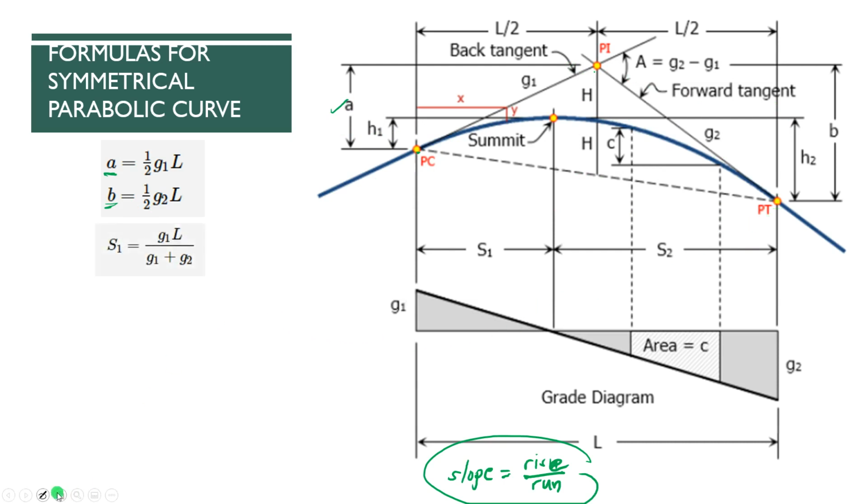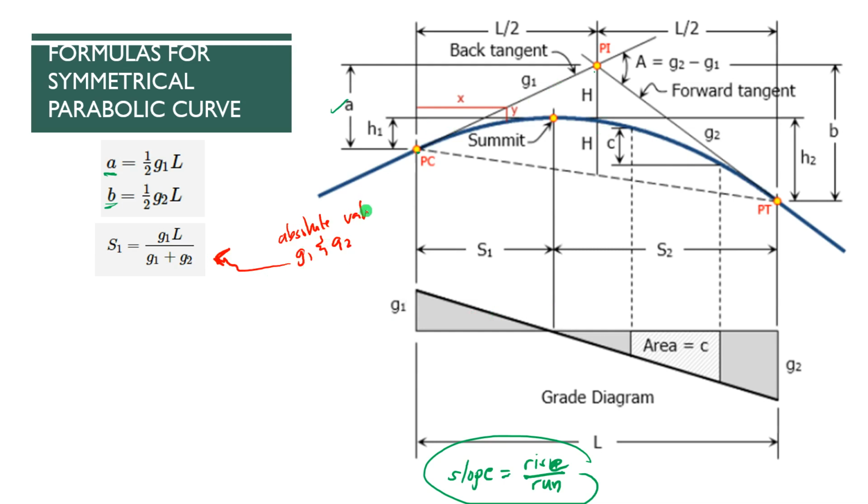S1 is the distance from PC going to the highest point or the lowest point of the parabolic curve. This would be the formula G1 times L over G1 plus G2. Here in this formula, we take the absolute values of G1 and G2. Let's use all positive signs because we have an upward slope, positive, and downward slope, negative.